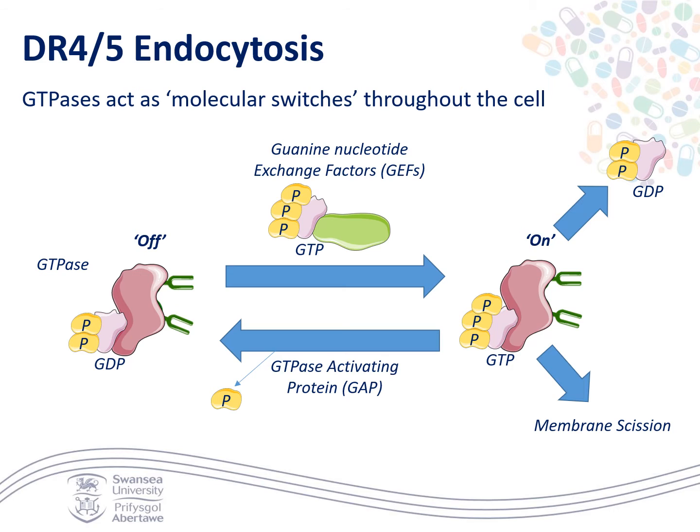It puts it from the on state to the off state by the removal of this high energy third phosphate bond in the GTP and converts it back to GDP, and then the cycle can begin anew.